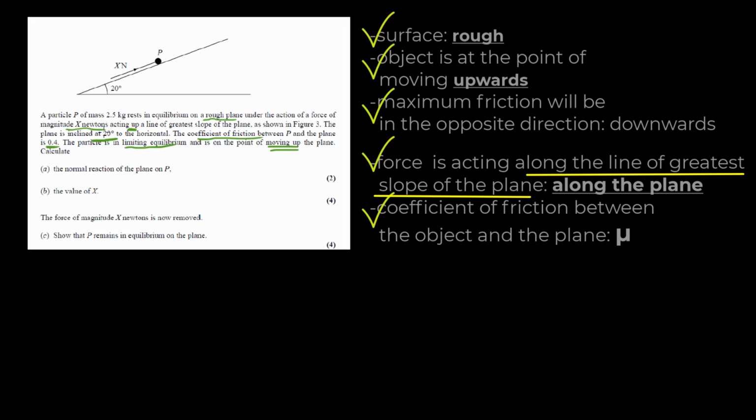So let's first draw this. So what we can do is, let me draw it over here. So this is 20 degree. This is the object. The object has a mass of 2.5 kg. So this will be 2.5 g for gravity, Newton, and it will have a reaction force over here.